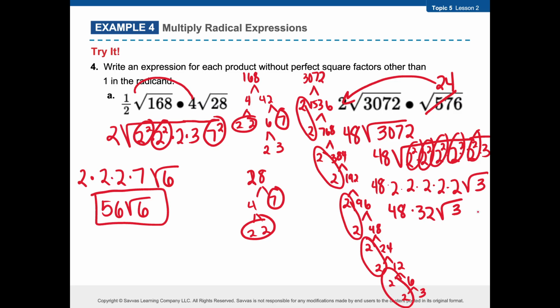So 48 times 32 is 1,536. Radical 3 would be your final answer for this one.